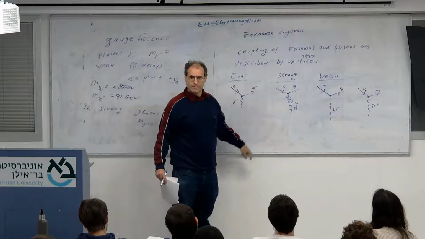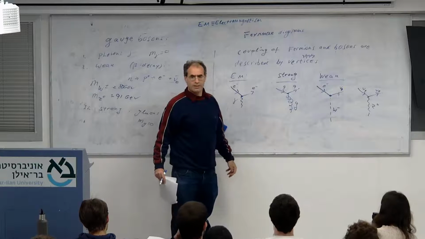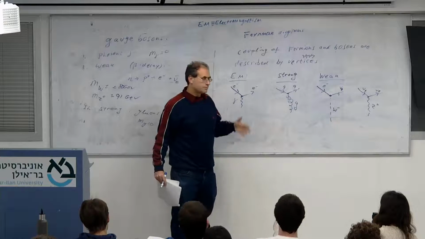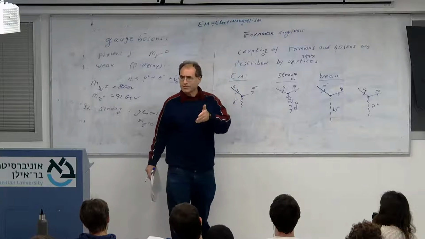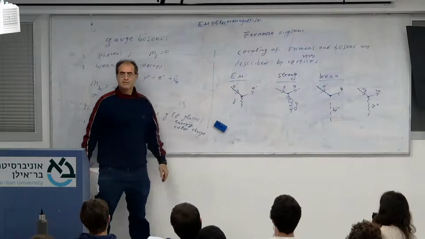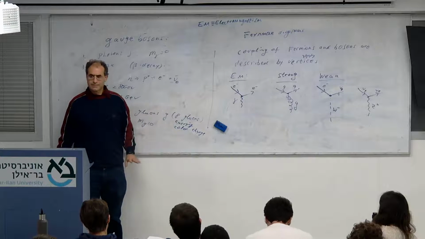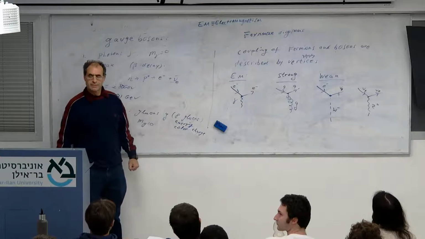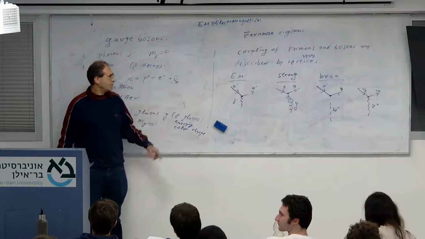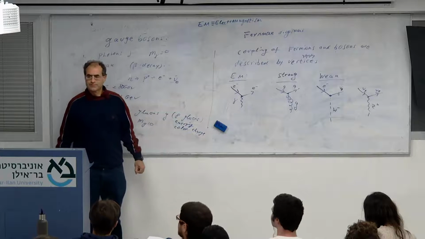But the photon doesn't have any electromagnetic charge. I said that in QED, a photon is the mediator of electromagnetic interactions. So everything that interacts electromagnetically would interact with a photon.